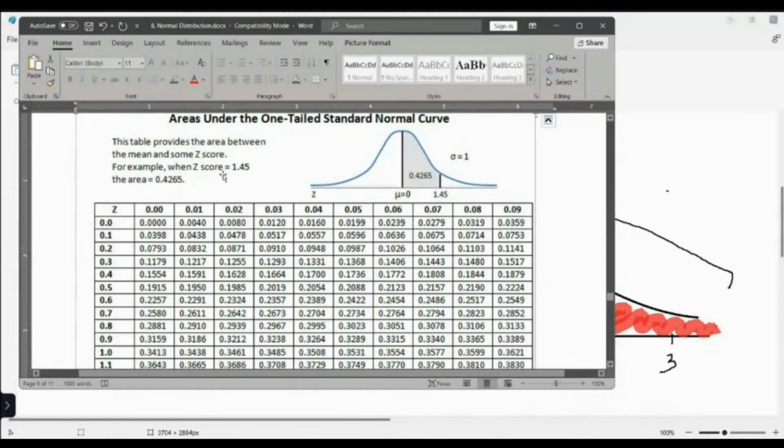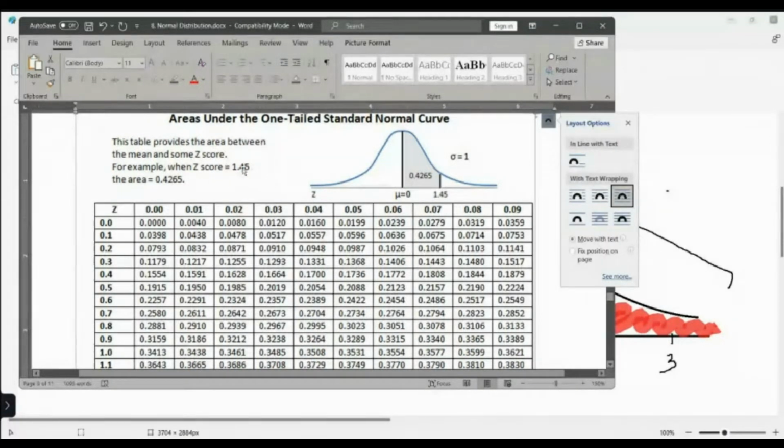For example, our computed z-score is 1.45. Just separate the ones and tenths digit and the hundredths digit. So basically that is 1.4 and 0.005.